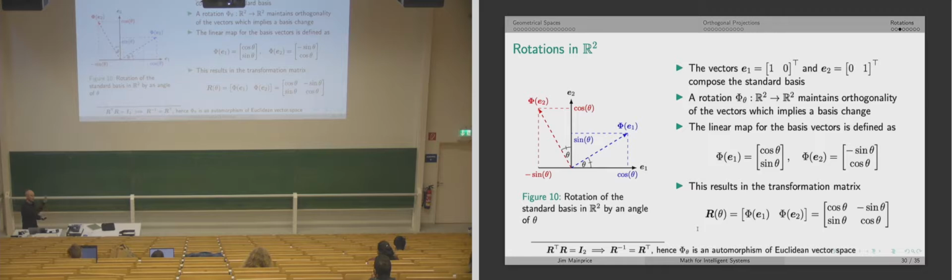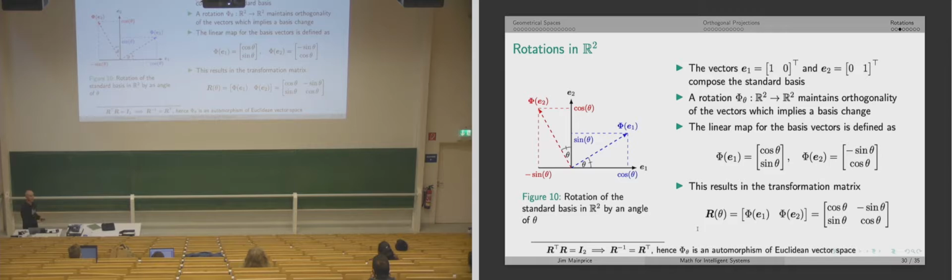Each column is a transformed basis vector as defined in the output vector space basis. Here it's an automorphism: we're going from the same vector space to the same vector space, using the same basis on both sides. So that allows us to read the transformation matrix associated with the rotation directly from this figure here.